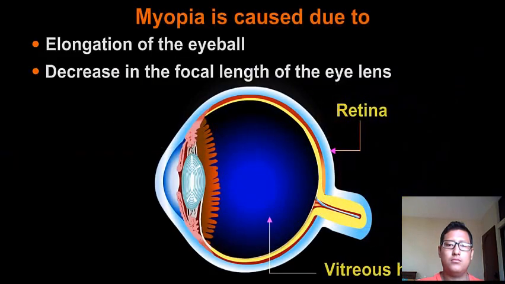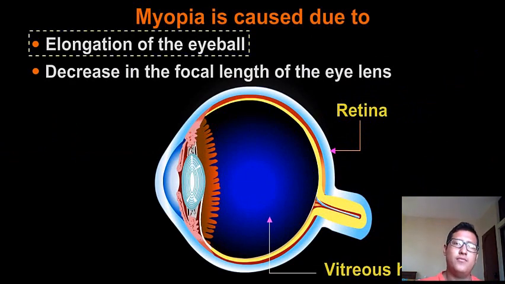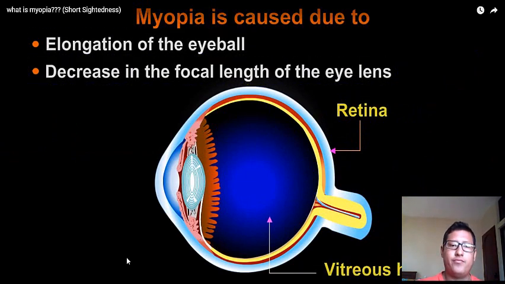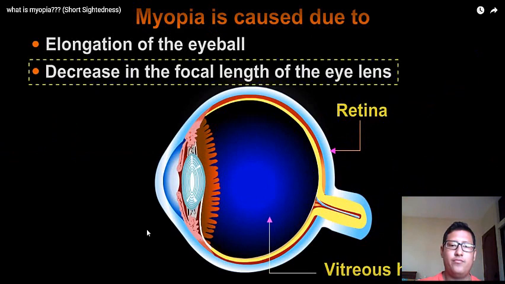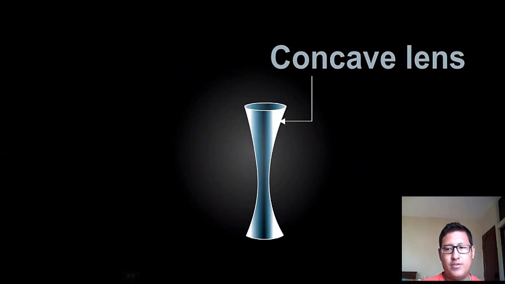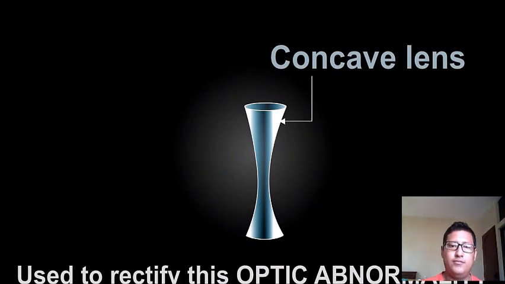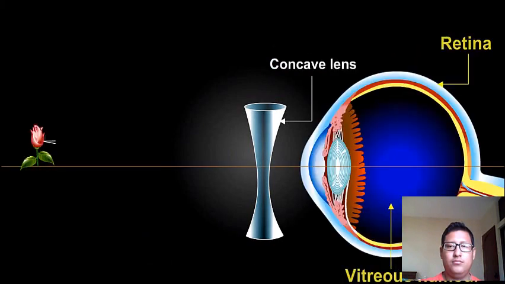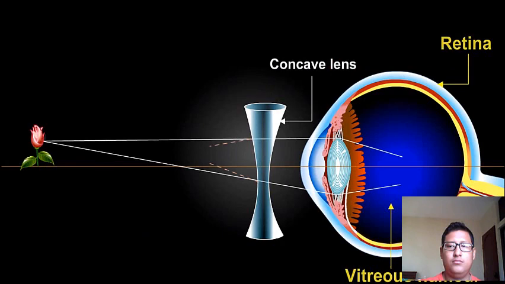Myopia is caused due to elongation of the eyeball, decrease in the focal length of the eye lens. A concave lens is used to rectify this optic abnormality. The ray diagram shows how a concave lens helps in focusing the light on the retina.